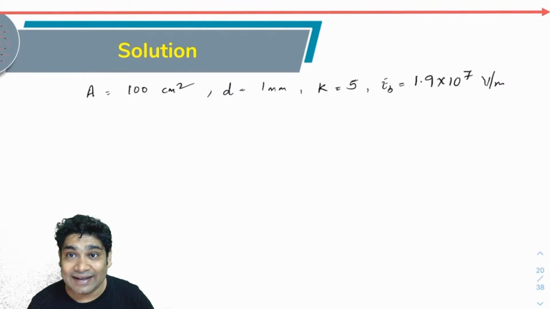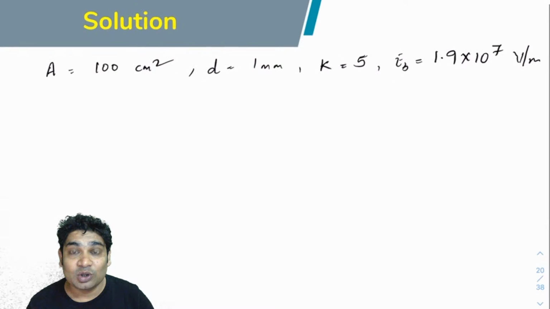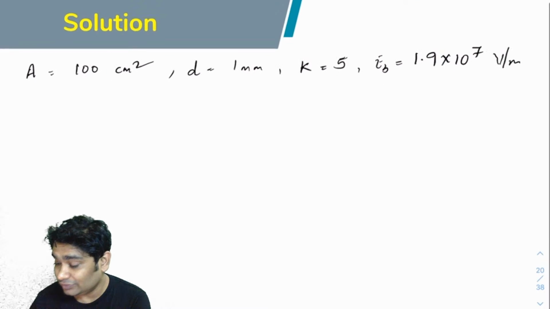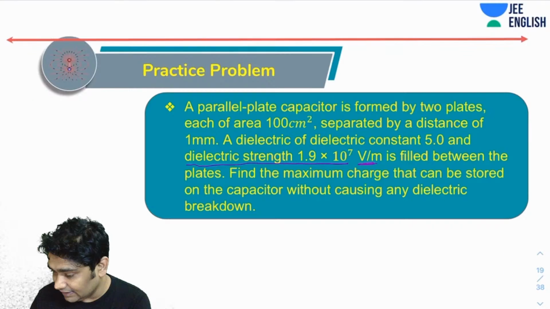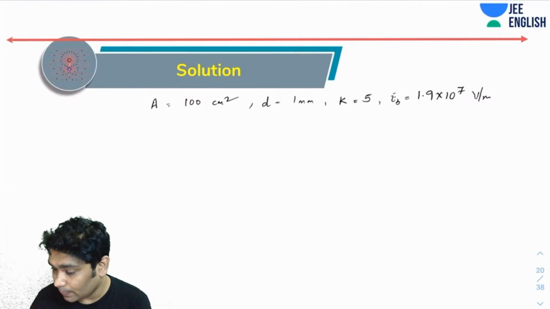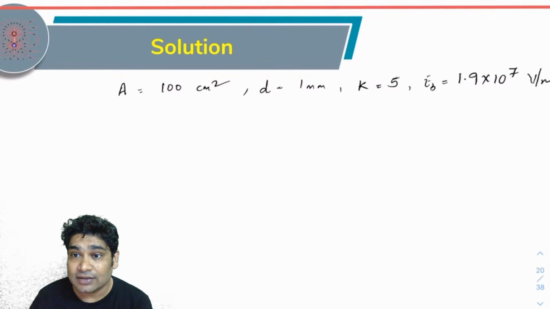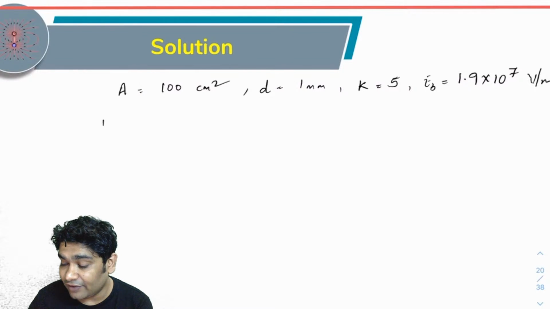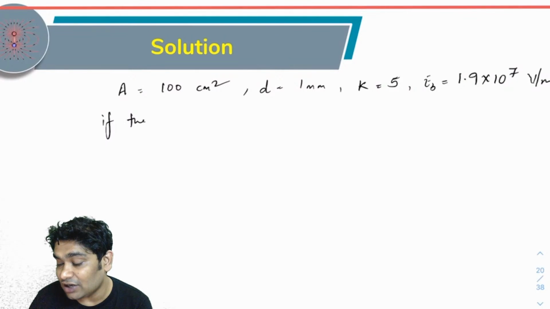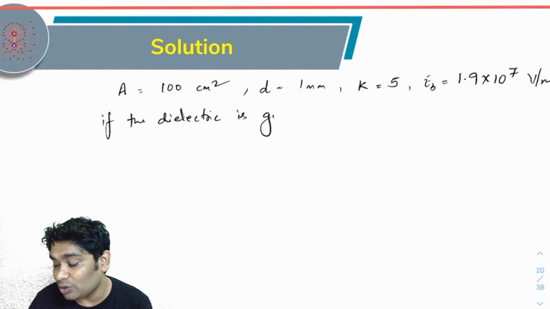So now let's see what is happening. So let's say I've given it a charge Q. If the dielectric is given a charge Q, now what happens?